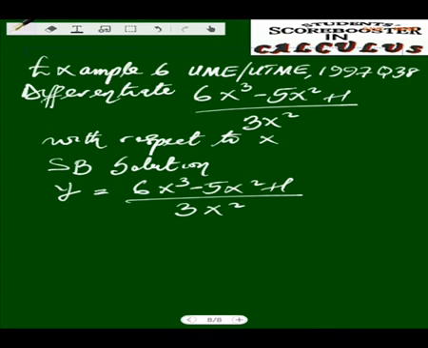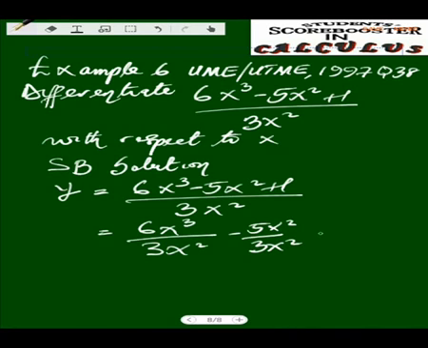So this is the same as just dividing through by 3x squared: 6x cubed over 3x squared minus 5x squared over 3x squared plus 1 over 3x squared.